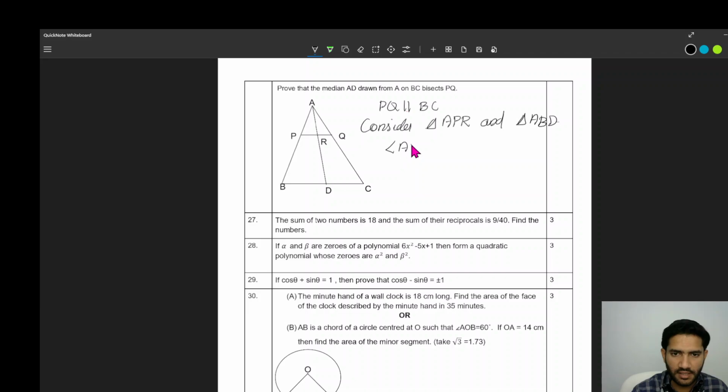That means angle APR is equal to angle ABD, and there is a common angle A. Corresponding angles are equal here. Just write the reason.